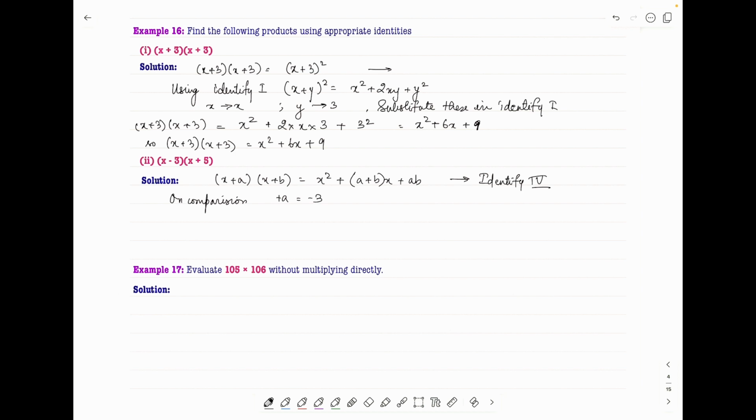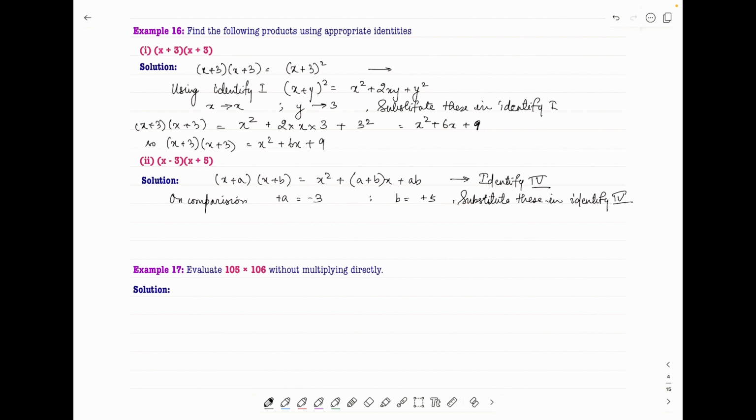So a is minus 3. And instead of plus b, it is written as plus 5. So substitute these in identity 4.